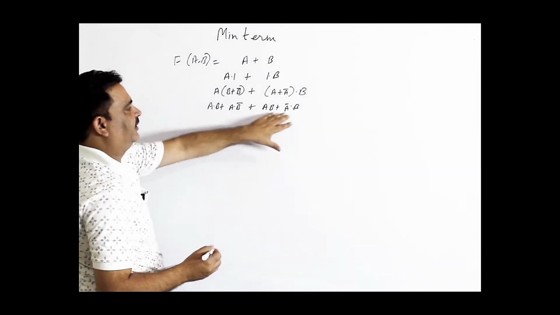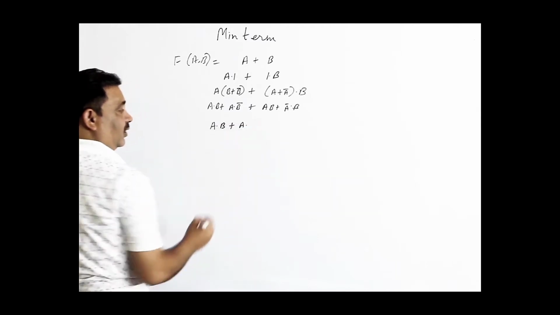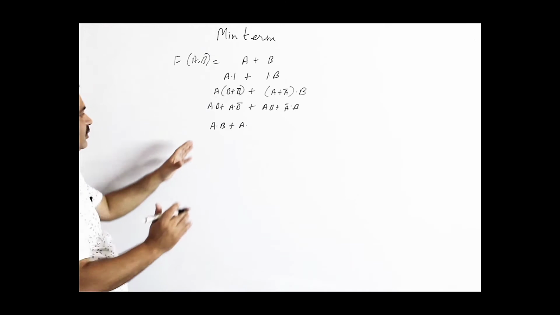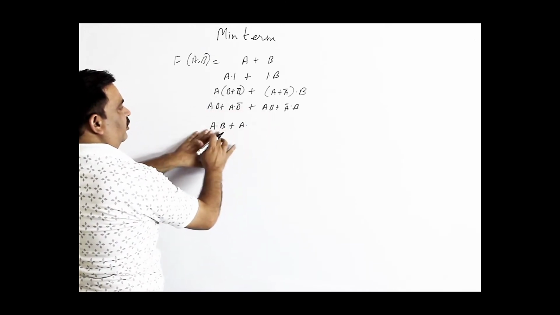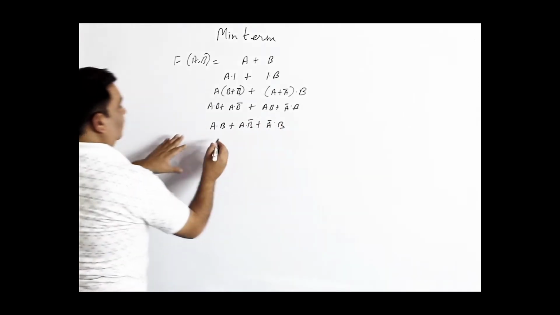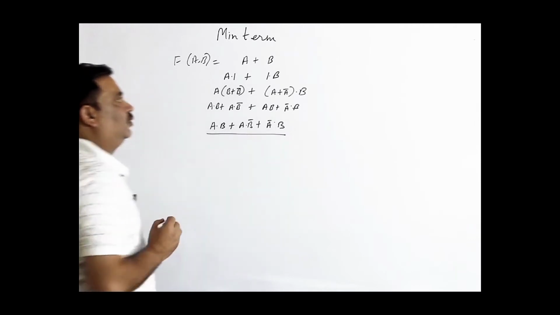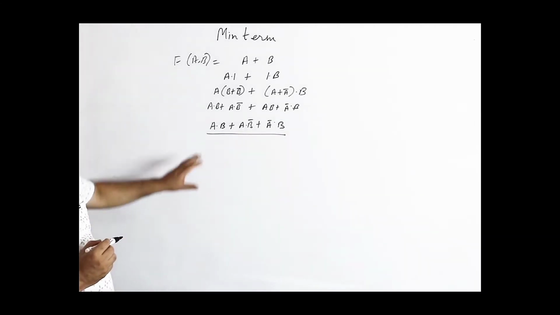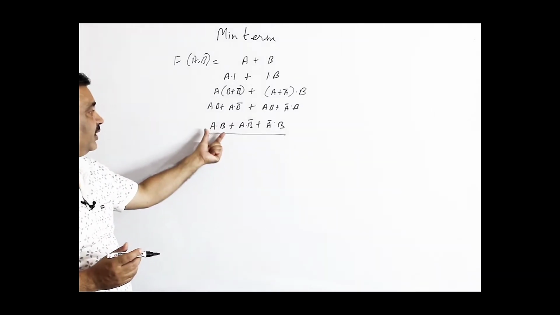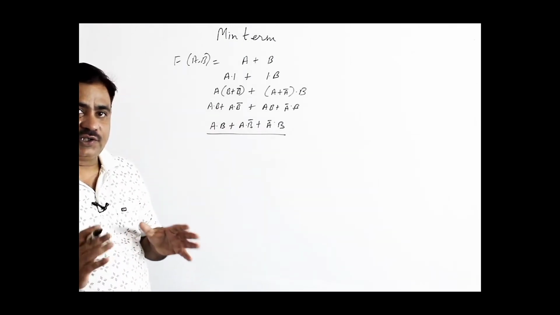You can write common terms one time only, because according to the law of identity elements or idempotence law, A plus A equal to A. So A dot B plus A dot B equal to A dot B. The expression is a dot b plus a dot b complement plus a complement dot b. Now this is an SOP expression, the complete expression is SOP. SOP means sum of product terms. Each of these terms is now a min term.